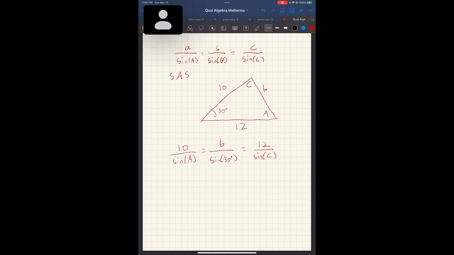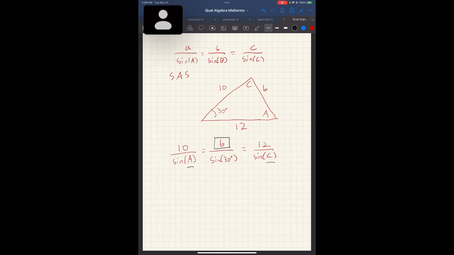So now in order to figure this out, I need to know either angle A, angle C, or side length B. Well, can I figure out angle A from what I have right here? Well, I only know angle B is 30.